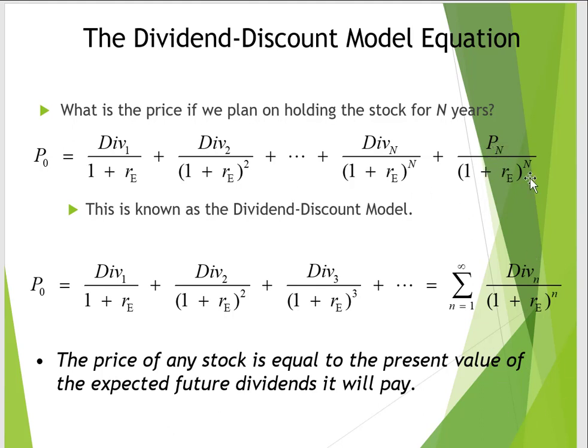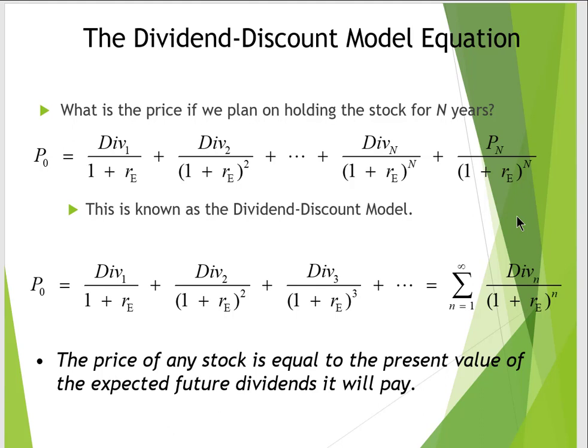Well, we can go out to N years, but the problem is this N obviously changes depending on the person, time, etc. If we make a couple of assumptions, the first assumption is that stocks have an infinite life. If that's true, then the present value of a price at infinity in today's value is 0. You can just trust me on this.